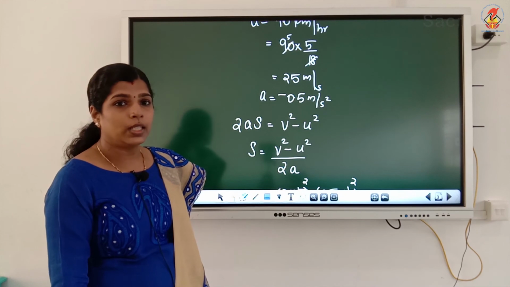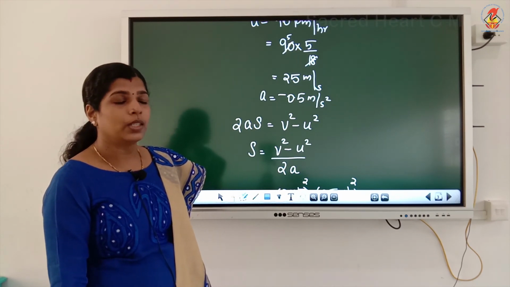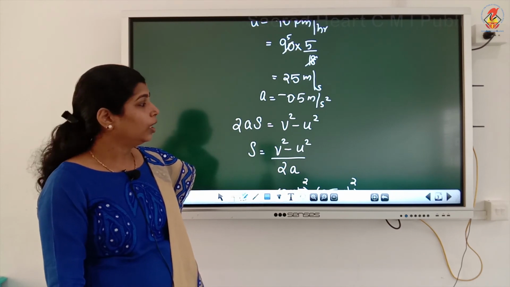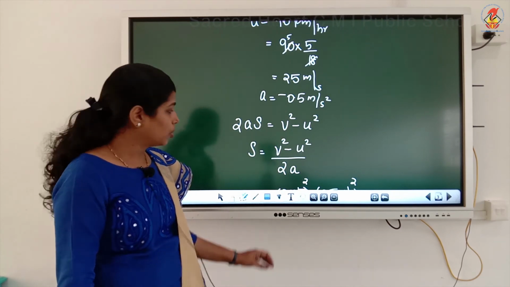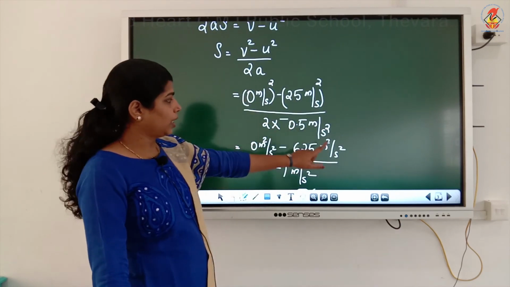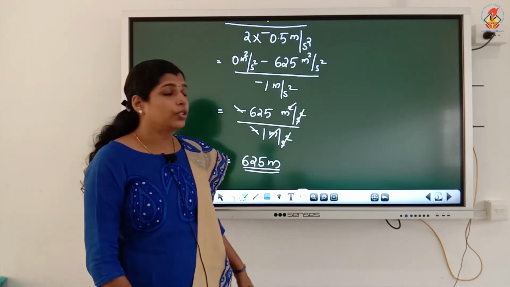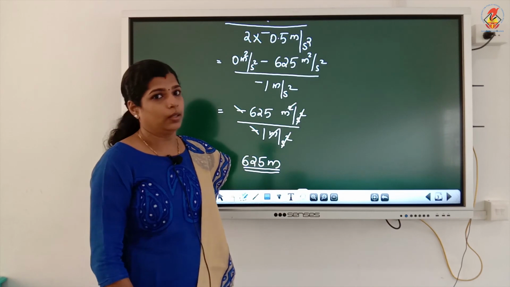So, minus 625 by minus 1, that minus will get cancelled, 625 will be there. Then unit, meter square by second square, and in the denominator meter per second square is there. So, this second square and this second square will get cancelled. This meter and this meter square, 1 meter will get cancelled. So, the answer is 625 meter.